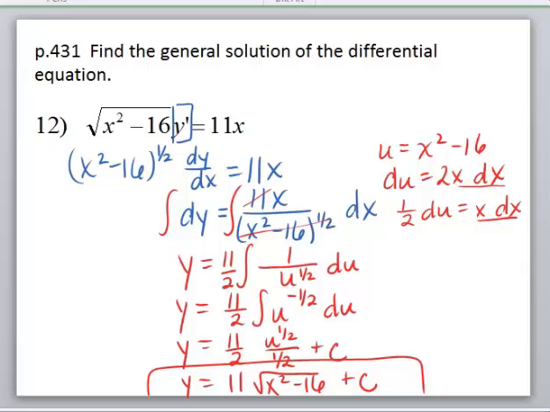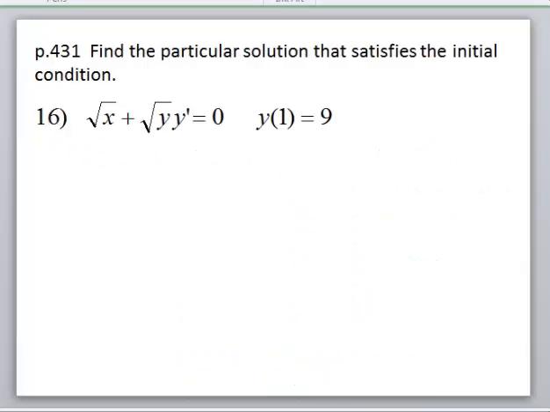On my next problem, it's asking me to find a particular solution that satisfies the initial condition. So this time I'm going to be able to find my c value. So I'm going to rewrite this as x to the 1/2 plus y to the 1/2 dy over dx equals 0.